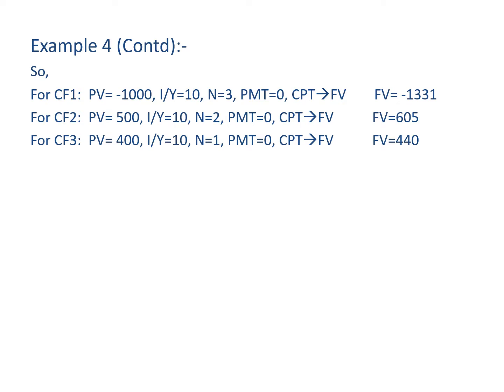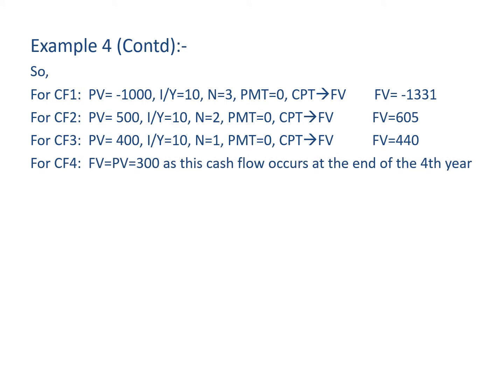When we compute FV, we get FV as 440. For CF4, FV is equal to PV is equal to 300, as this cash flow occurs at the end of the 4th year where we are finding the value.